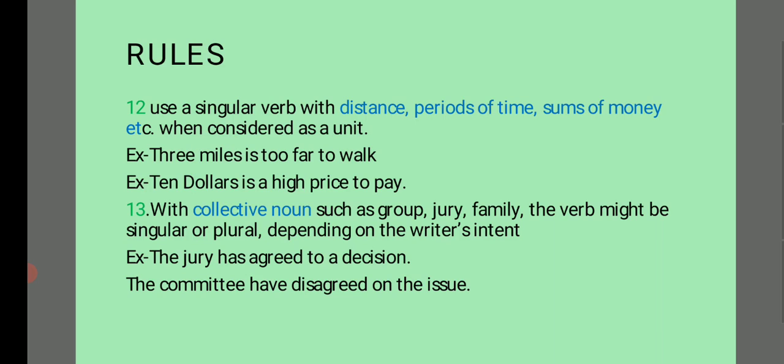Next is the committee have disagreed on the issue, or the jury have disagreed on the issue. Now what is happening? The group is not united. सब लोग अलग अलग हैं, इंडिविजुअल ओपिनियंस की बात हो रही है। That's why they are disagreeing.